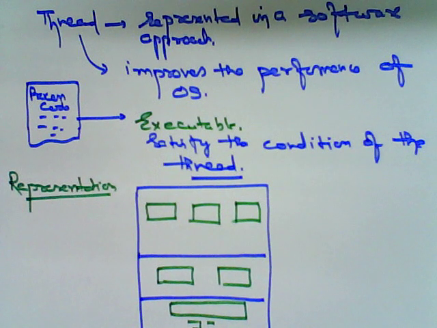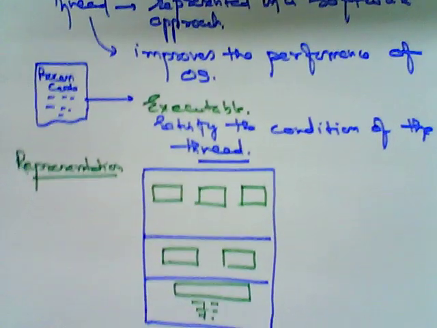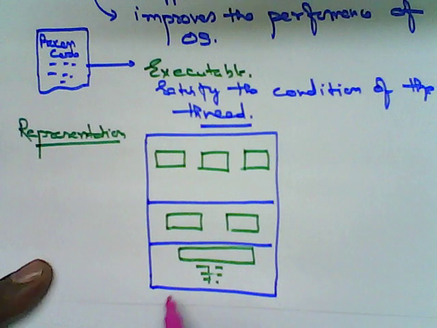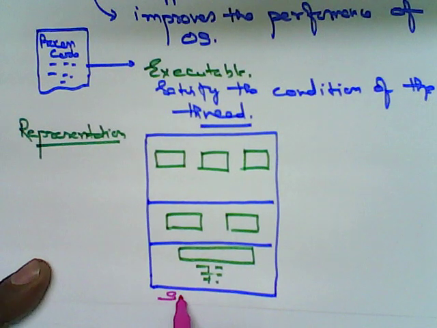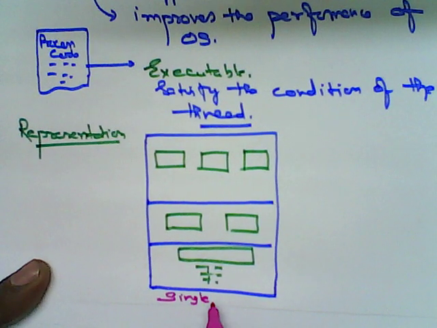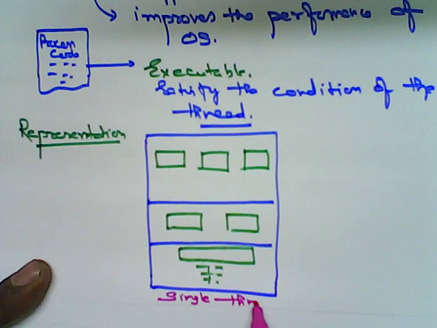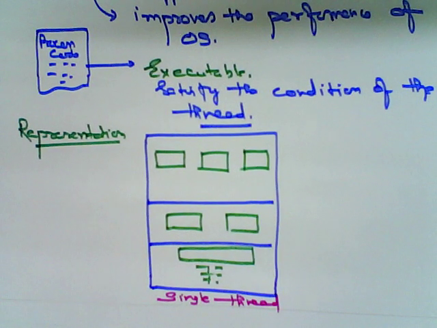A thread represented in such a form is known as a single thread. When I say a single thread, that means there is a single process with a single thread.